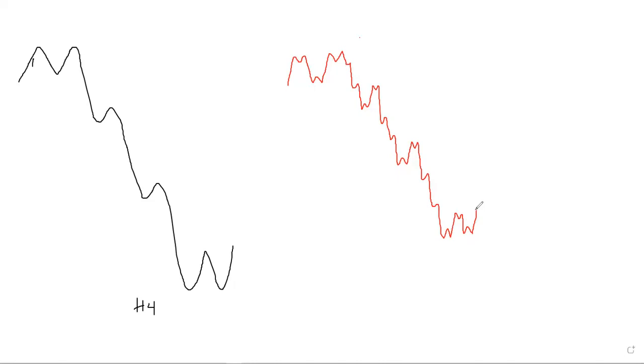Yes, you can. So do you see, this is my H1 representation on H4. This is what I should be seeing on H1. This one here means what? A pullback on H1, which is this. This means another pullback on H1, which is on H4.